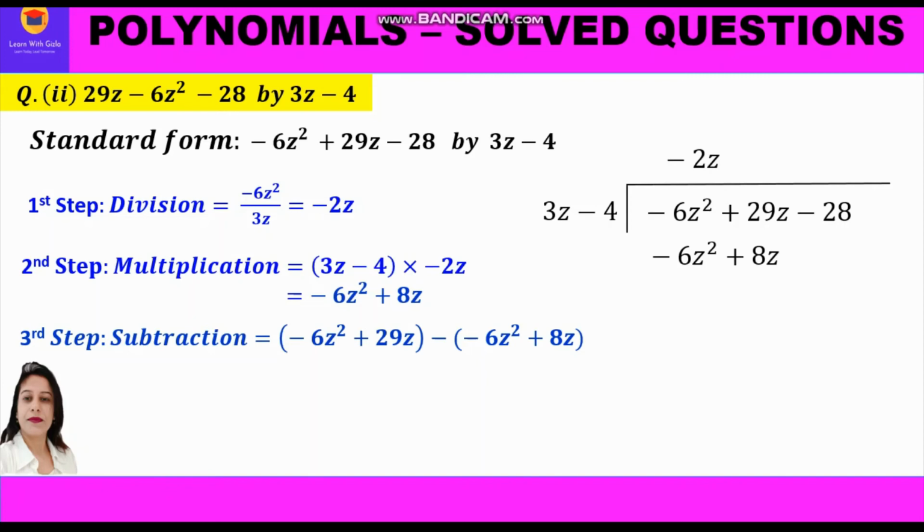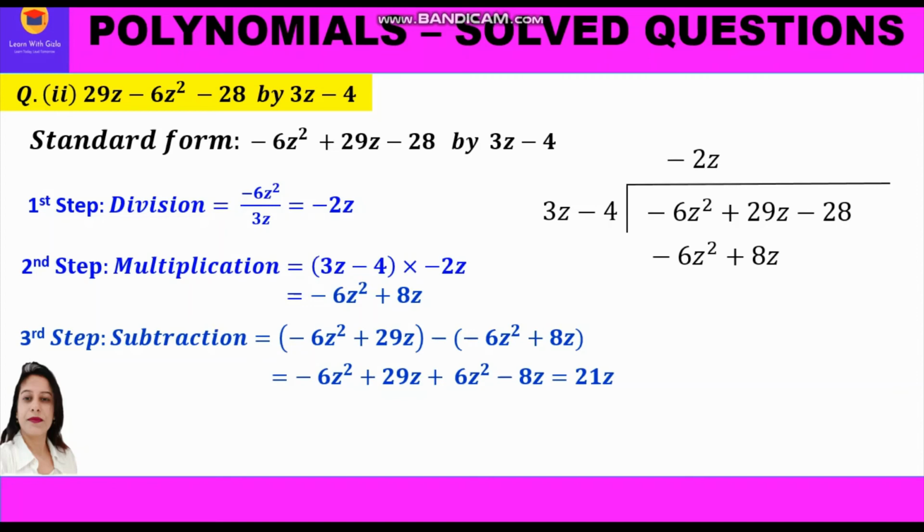So first let me explain in horizontal form and then we will come to vertical form. First we will write the expressions in the two brackets with the minus sign in between, and we shall open the brackets. Now if you observe, minus 6z square and plus 6z square will cancel with each other. 29z minus 8z, we will get 21z.